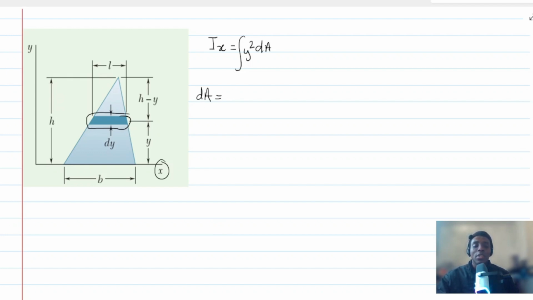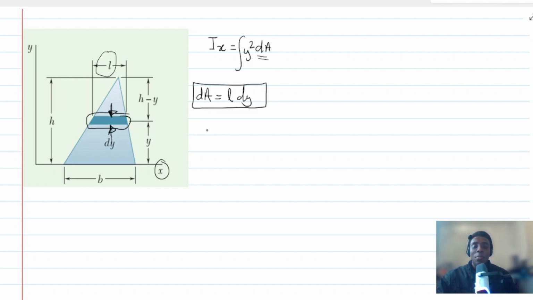So it has an area given by the length, which is L, multiplied by the thickness, which we are calling dy. So we know that the elemental area dA is what we have here.